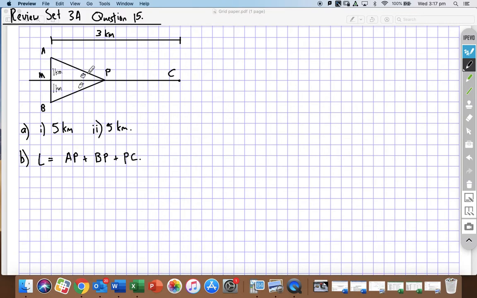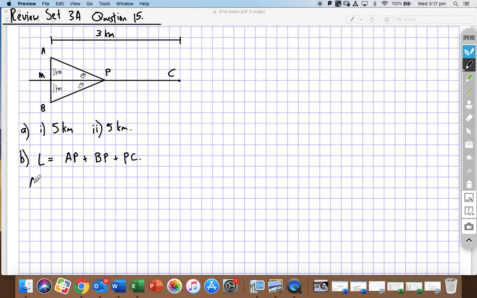Okay. Well, AP and BP will be the same distance, and I can work this out using trigonometry, given this angle here, theta, right? So we know that sine of theta is the opposite divided by the hypotenuse. So what's the hypotenuse equal to?